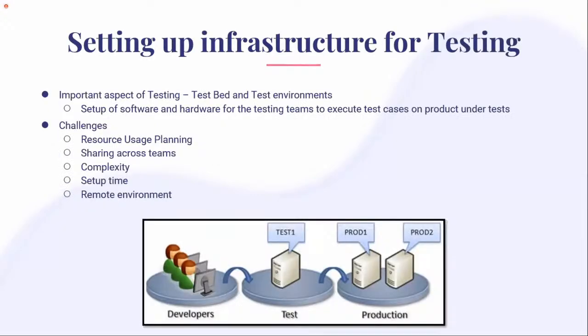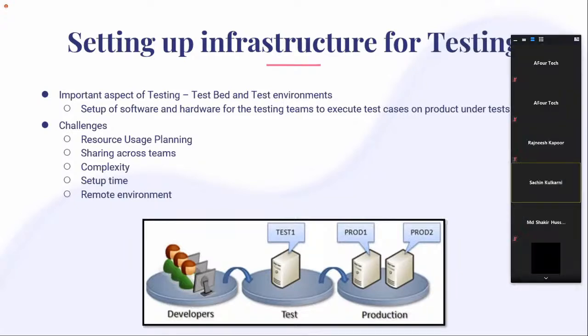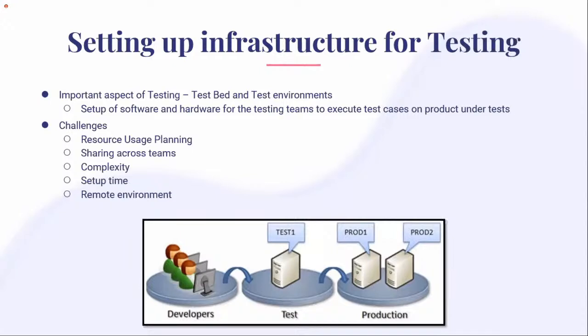Now, let's talk about setting up the infrastructure for testing. So the most important aspect of testing, right, typically starts with the planning. And as part of the planning, you must consider the aspect of setting up the test bed and test environments, right? So what exactly is the test bed or a test environment? It typically is setting up the software and hardware that is required for the product under test, right?